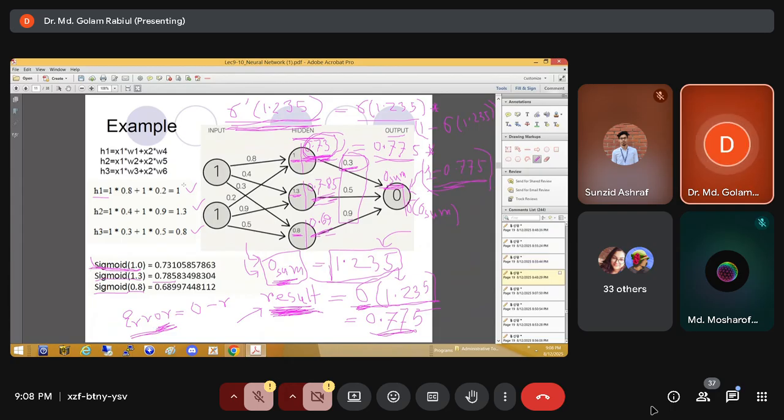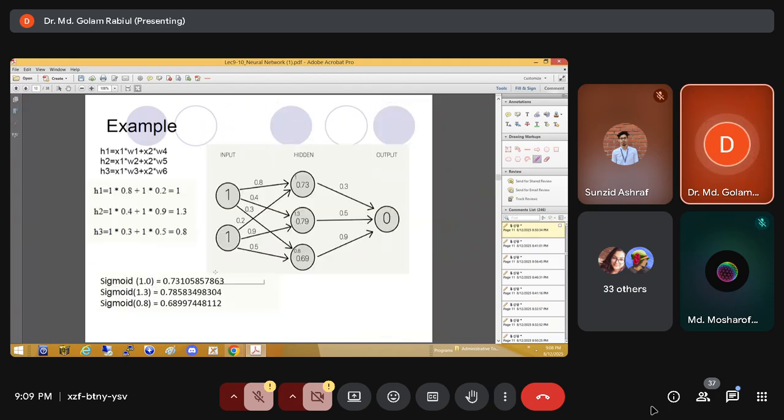These are the hidden layer summations, and we have applied the sigmoid function to these values to find the hidden results. So these are our hidden layer results: 0.73, 0.785, 0.69. The hidden layer results we got from the sigmoid of the hidden sum.